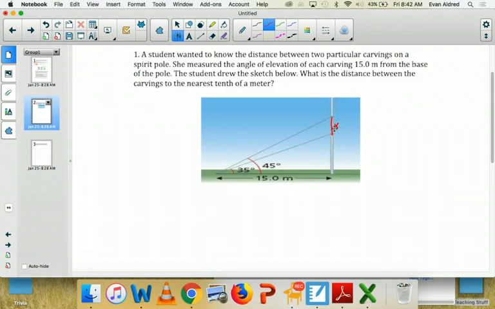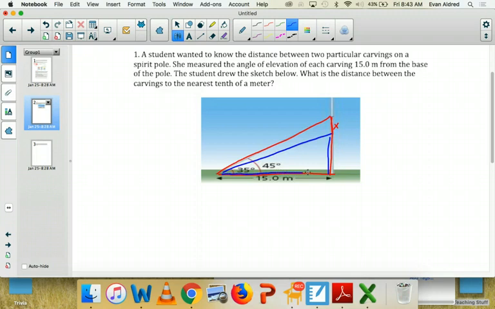Well, that distance does make a triangle with the starting point where the wires are anchored to the ground. But we don't have a right triangle there, so it's not something we're going to be able to solve. However, if we look, we can see that we actually have a big right triangle here, and we have a smaller right triangle here.